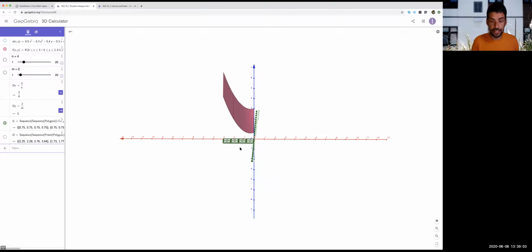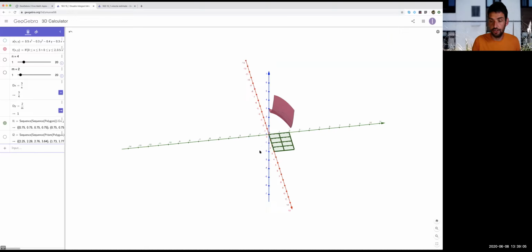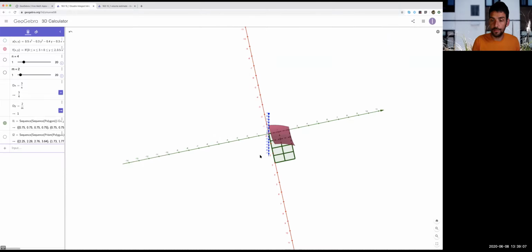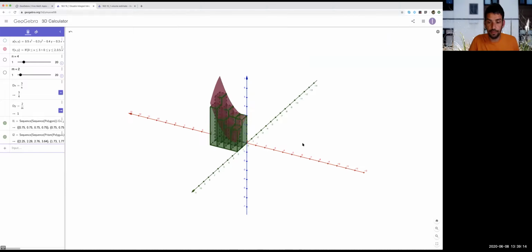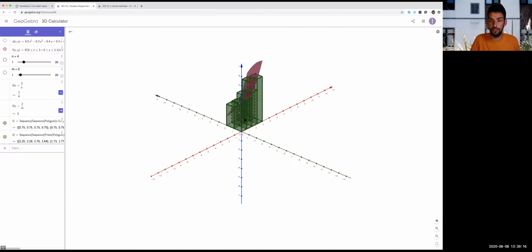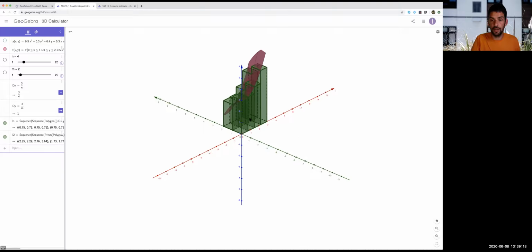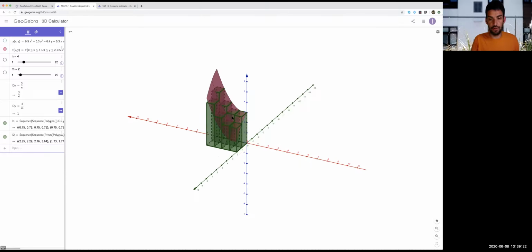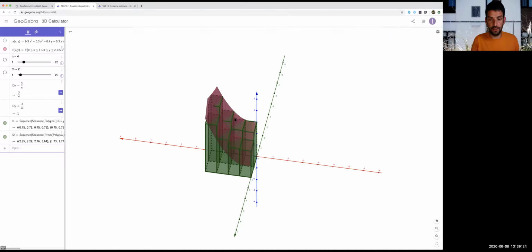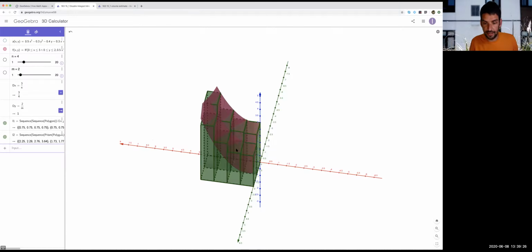So for each of these squares or rectangles, I can draw a box whose height is equal to the function somewhere in that region, okay, right?